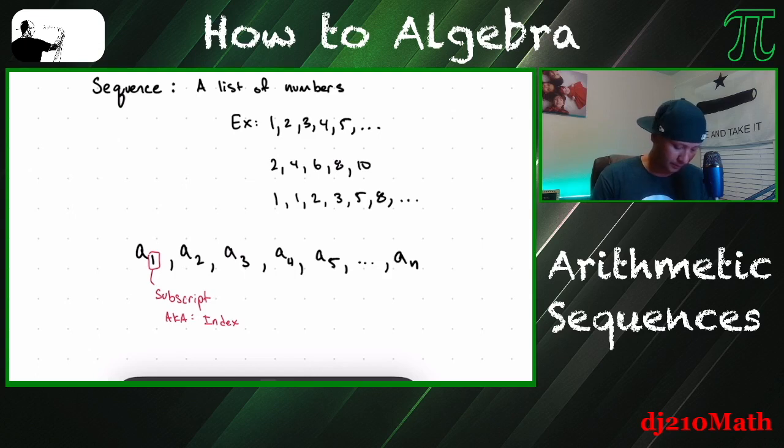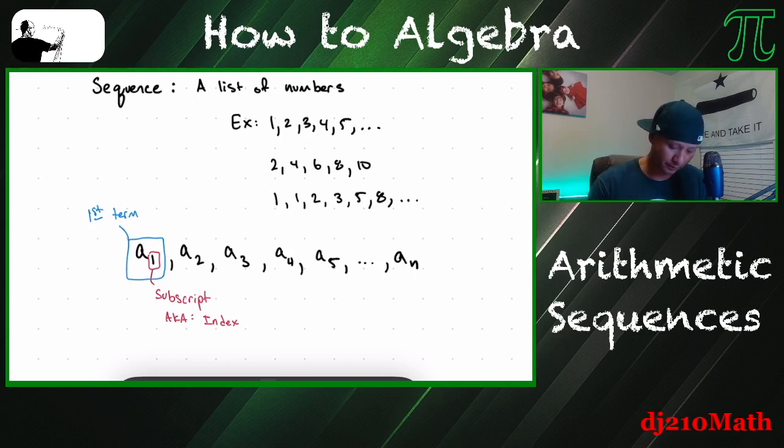This is the first term or number in a sequence. And we know it's the first term because of the subscript. Well, not only that, but it's the most left number, right? It's first in line, basically. The subscript has a 1. So that's how I know that it is the first term.